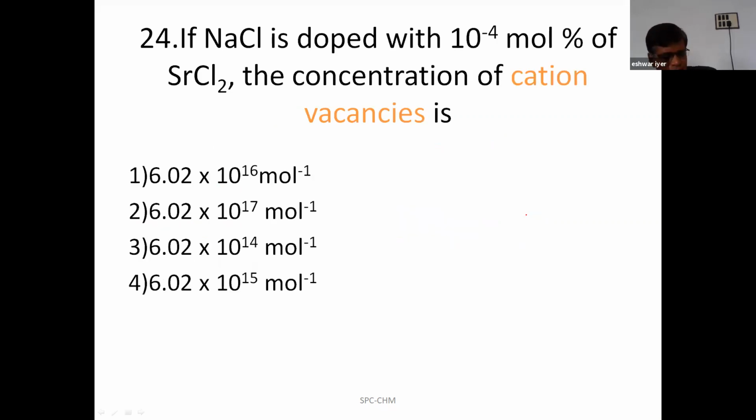Next question is, if NaCl is doped with 10 to minus 4 mole percent of SrCl₂, the concentration of cation vacancies is what? Here is again a question on solid defects. What type of defect is this? It is called impurity defect.